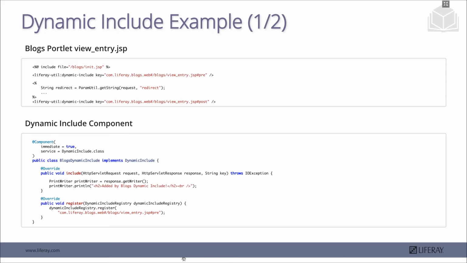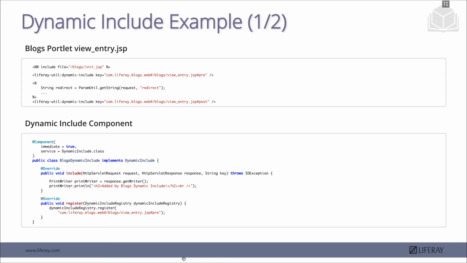The way we do so is through a component. First we create a component that implements dynamic include. From there, we need to determine whether we're injecting in the pre or the post. Whichever one we are, we need to include that within the register method as we see towards the bottom.